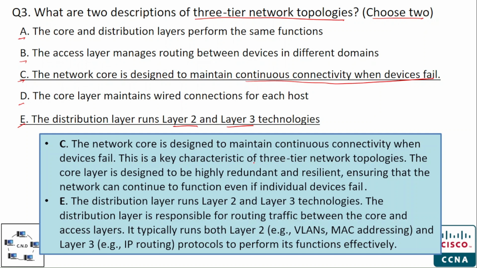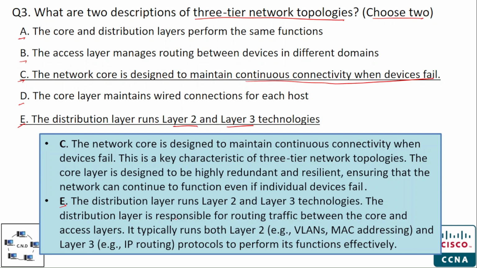This is a key characteristic of three-tier network topologies. The core layer is designed to be highly redundant and resilient, ensuring that the network can continue to function even if individual devices fail. And the second description, option E, the distribution layer runs layer 2 and layer 3 technology.